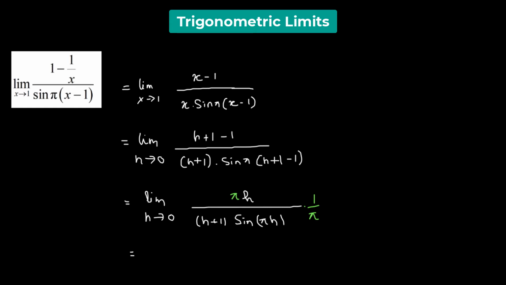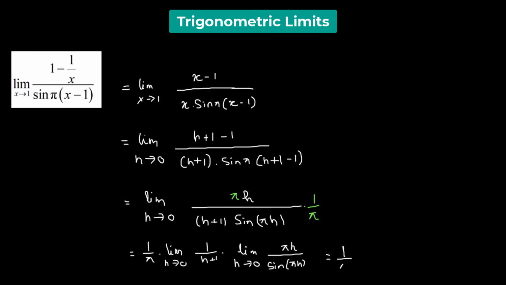So we have 1 over pi times limit h approaching 0, 1 over h plus 1. And we also applied the limit to our second function, which is pi h over sine pi h.